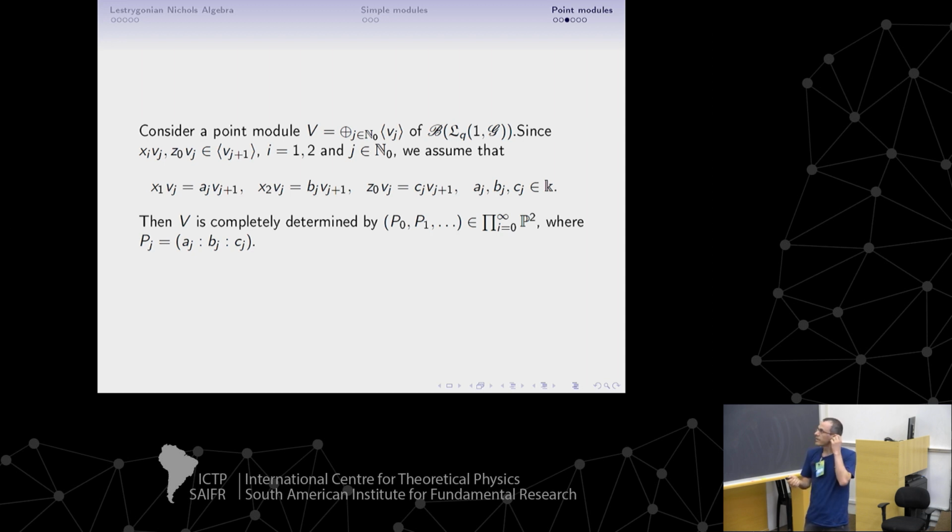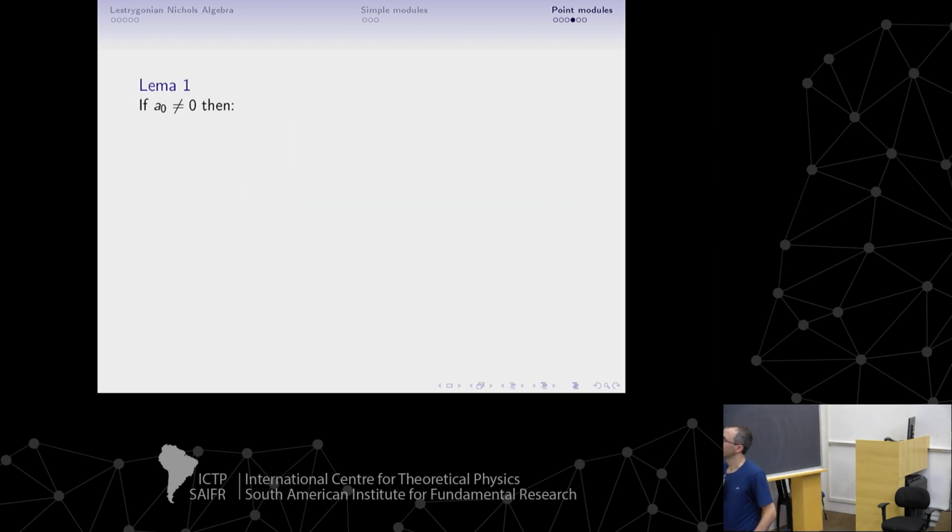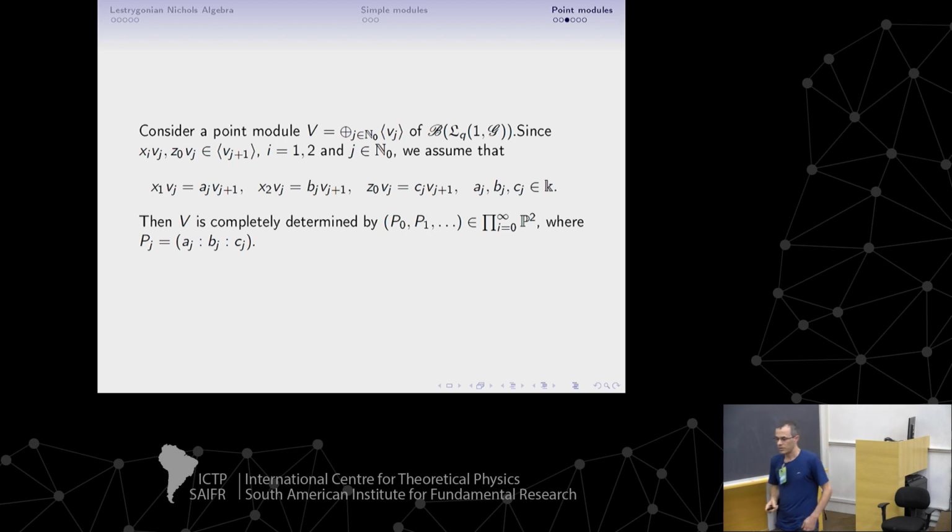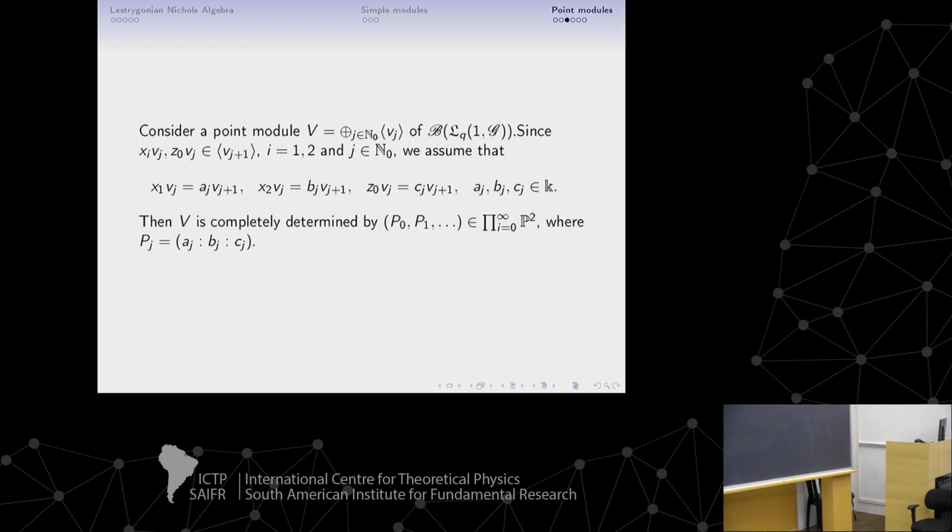So V is determined by this sequence, where Pj is this: the action of x1, the action of x2, and the action of x3. So in our case, we have basically 3 possibilities.